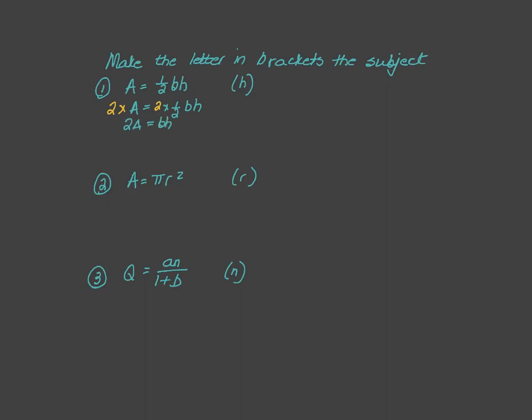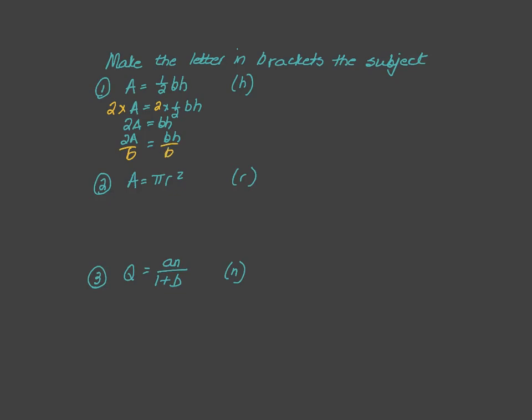I'm trying to make H the subject of the formula, and so I must divide by B on both sides. On the left-hand side, it's 2A divided by B is equal to, on the right-hand side, BH divided by B.